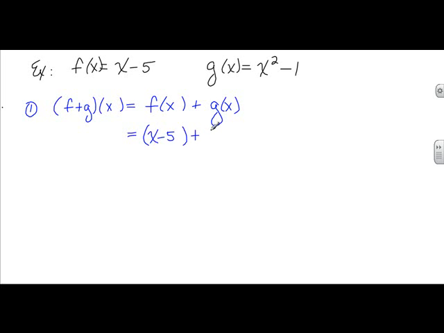G of x is the quantity x squared minus 1. So our sum, f plus g of x, would be x squared plus x minus 6 if we combine like terms. So we have created the new function f plus g of x. The domain of that function, of course, would be all real numbers.